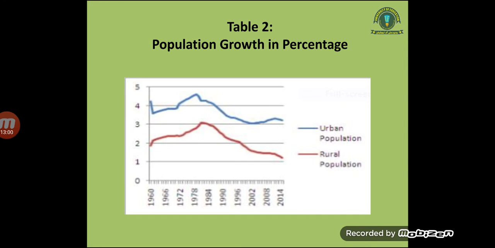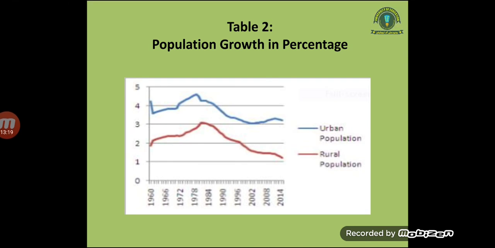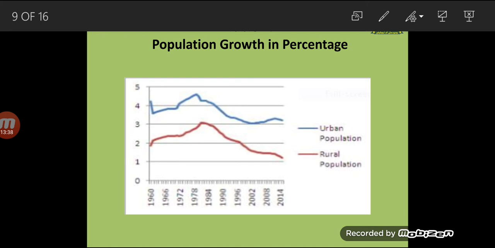As I mentioned, this chart shows the population growth from 1960 to 2014. It shows 1960, 1966, 1972, 1978, 1984, 1990, 1996, 2002, 2008 and 2014. It rapidly increased from 1960 to 2014 as mentioned in the chart.